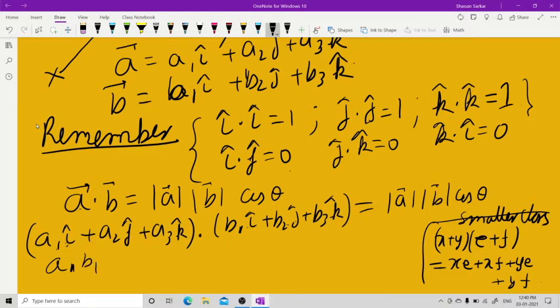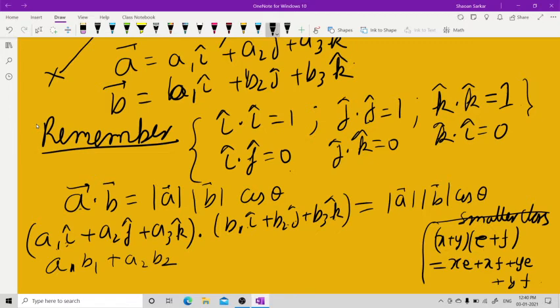Similarly, A2 j when multiplied with B1 i will become 0 because of this result, so no need of writing that. A2 j with B2 j, you will have to write, that gives A2 B2. Then A2 j with B3 k again gives you 0, so no need to write that. Similarly, you will multiply this with all the components.